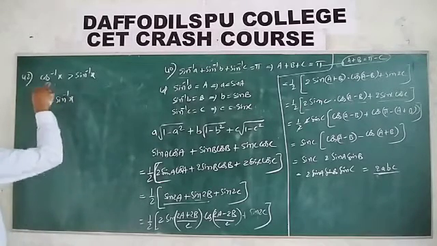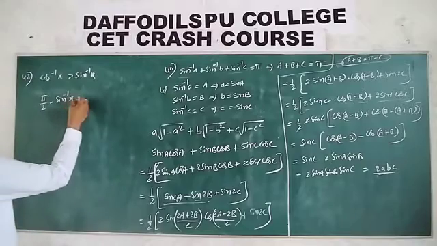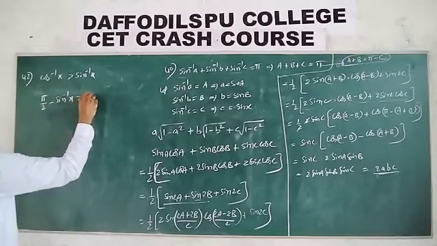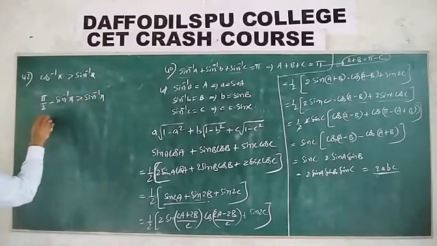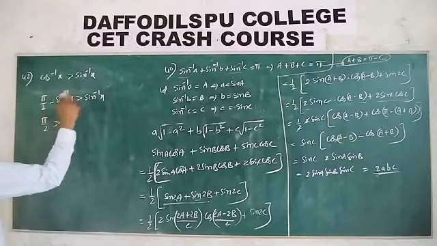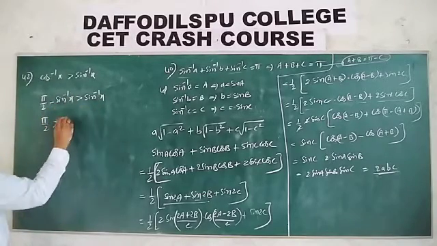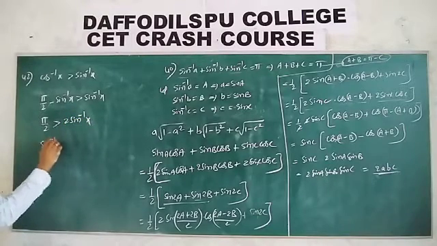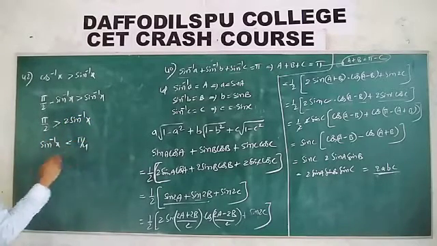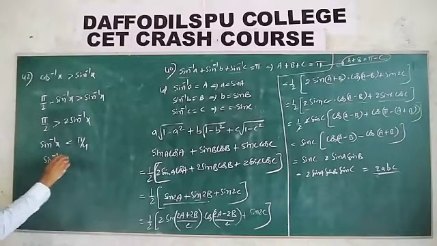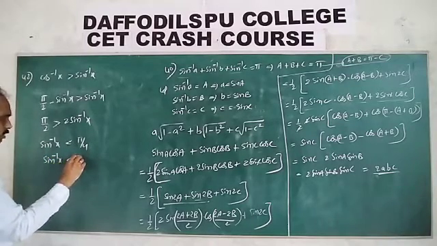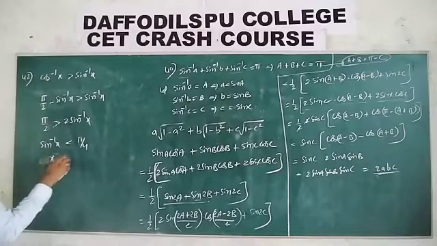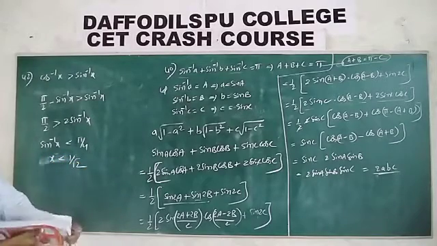That implies pi by 2 greater than sin inverse x plus sin inverse x, that is 2 sin inverse x. Therefore sin inverse x less than pi by 4, so x less than 1 by root 2.